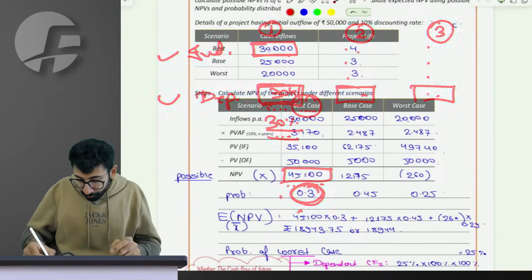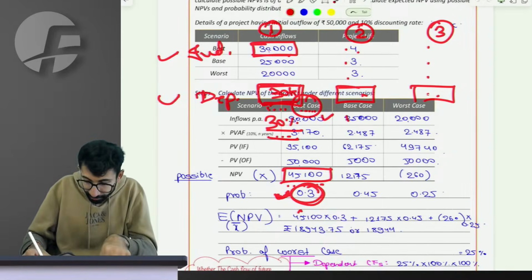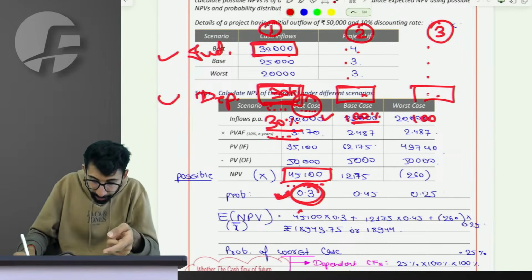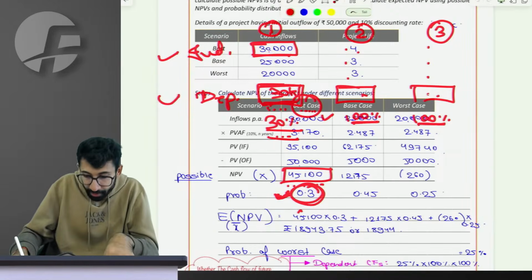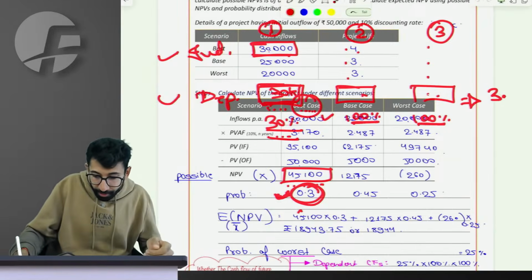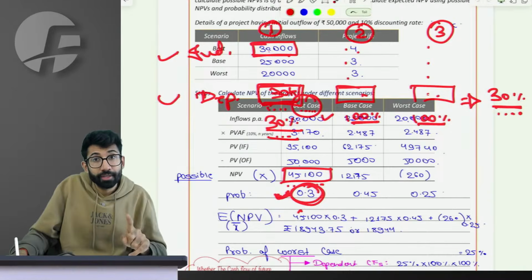Agreed? Cash flow of the first year will be 30, has 30% chance. If the cash flow of the first year is 30, then in the second year there is 100% chance that the cash flow will be 30, and again 100% chance that the cash flow will be 30. So the overall possibility of generating 30,000 every year remains 30% only.